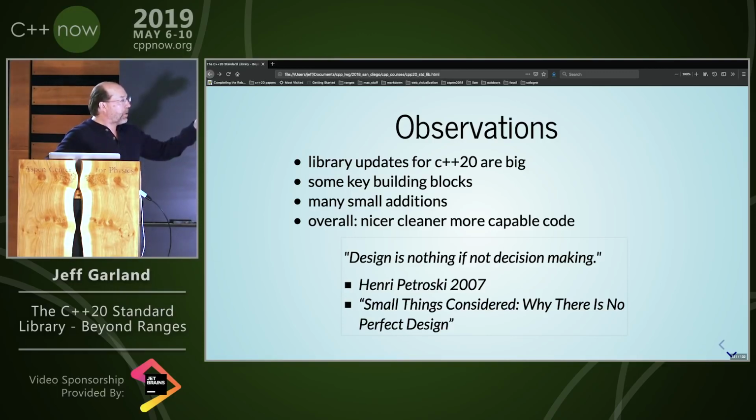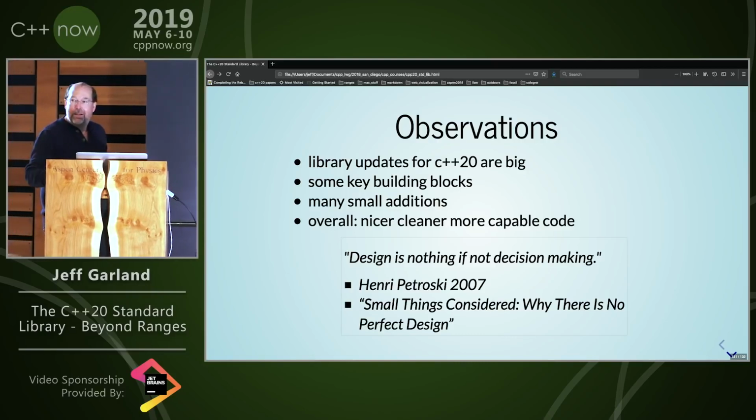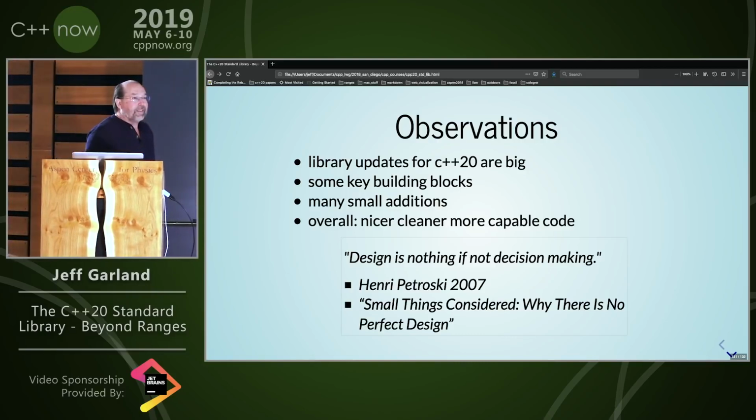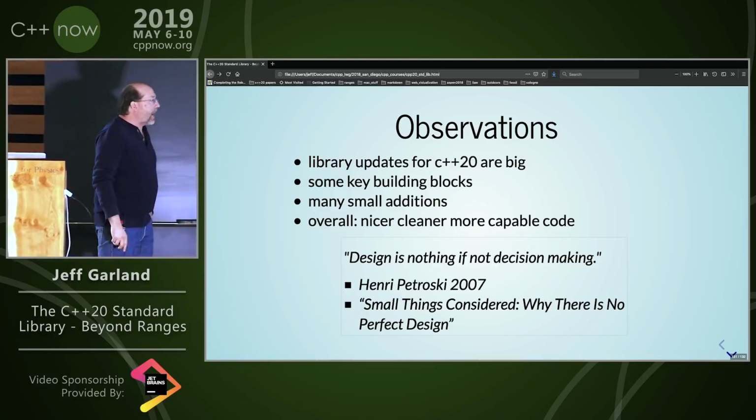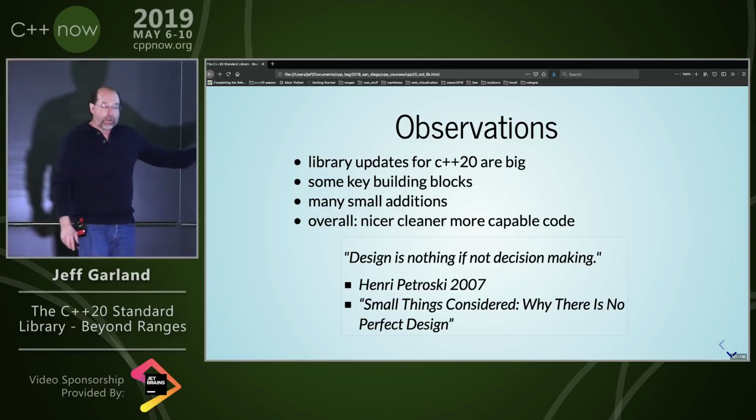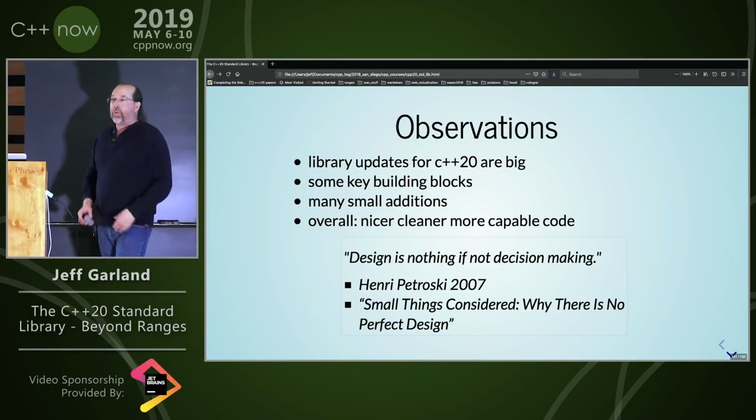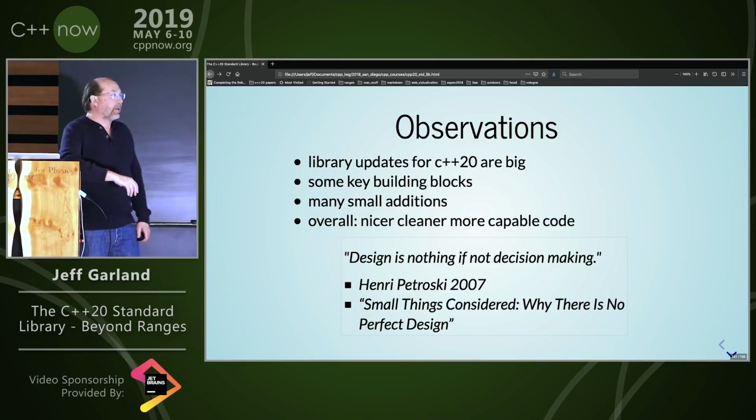So I really like this quote from Henry Petroski on kind of a similar vein. Anybody know who Petroski is? He's a civil engineer, and he's written extensively about bridge failures and why they would happen and engineering and so forth.